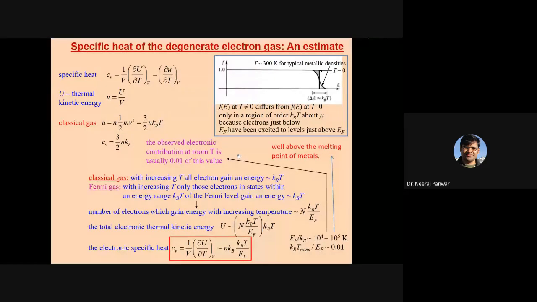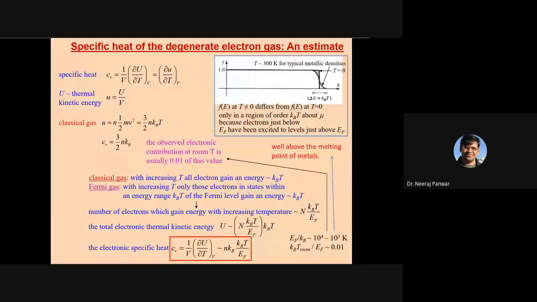So we define specific heat at constant volume, CV, per unit volume, or the specific heat associated with every electron. U is the total internal energy of the electron gas.